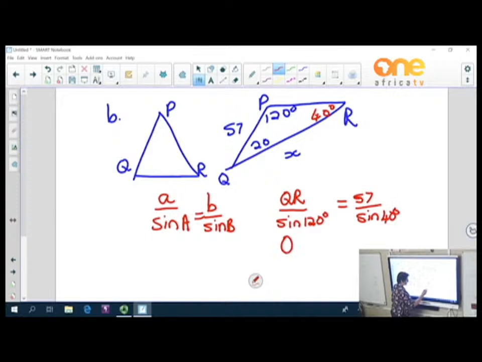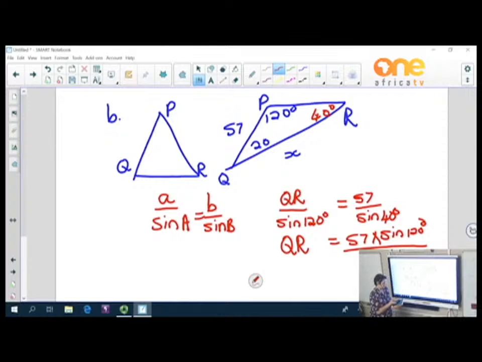And again, to get QR now, I will multiply here, and I will also multiply on the right-hand side, sine 120 degrees, divide by sine 40 degrees. So on my calculator, 57 times sine 120 is equal to, divide by sine 40.